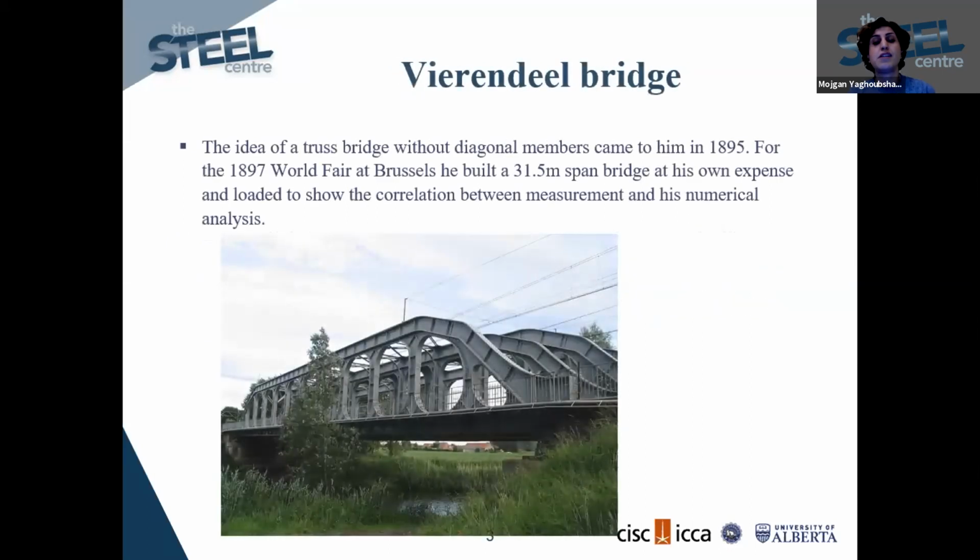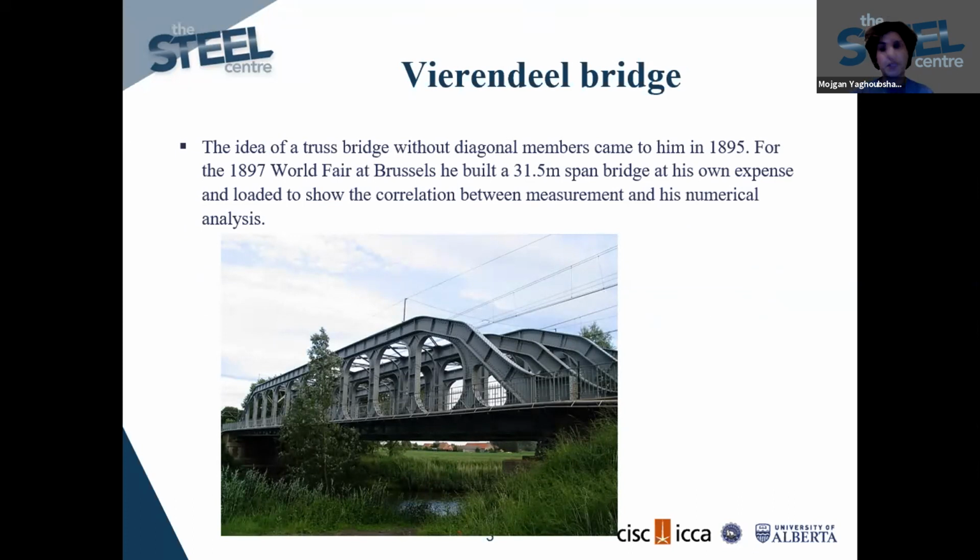The idea of a Vierendeel bridge, eliminating the diagonal elements from a traditional bridge, came to him in 1895. And he built a bridge with such a truss pattern, as you will see, compared to the traditional truss patterns.